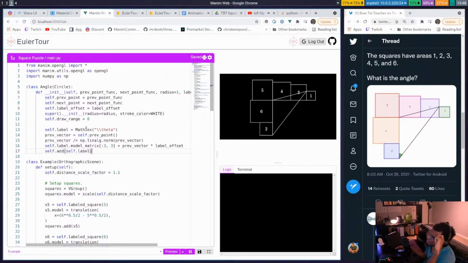The question is, like, if I were to update this, how would I do it? I guess I would have to take another previous point and another next point. And that's what I would have to do. But for now, I don't want this to be a function. Maybe we'll offset equals 1.2.